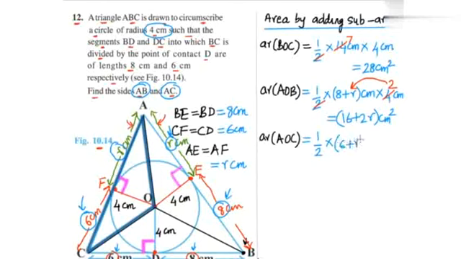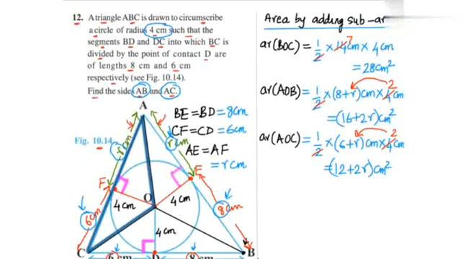So 6 plus R centimeters into the height, which is OF, which we know is 4 centimeters, right? Now this product is 4 by 2, that's 2, and 2 into 6 plus R is 12 plus 2R. So we get 12 plus 2R centimeter square.